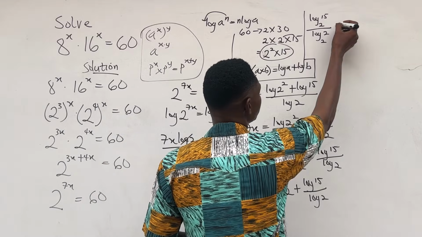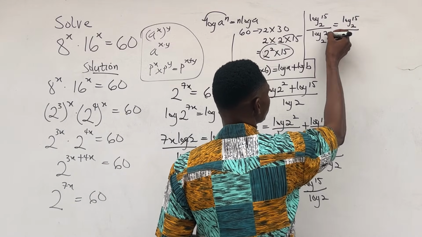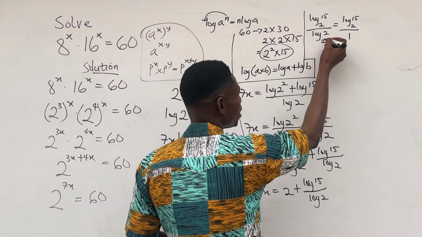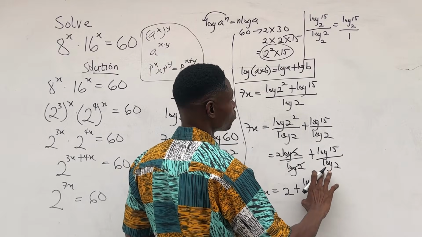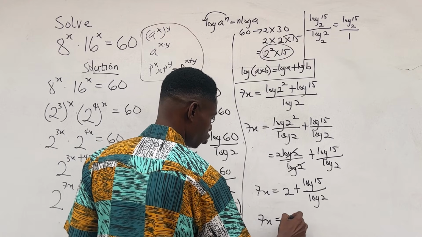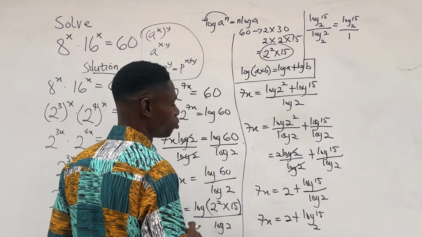Now, this will give us log 15 base 2 over log 2 base 2, which is 1. There's a law of logarithm that says if the argument and the base are the same, the answer is 1. So what we'll have here now is 7x equal to 2 plus log 15 base 2.